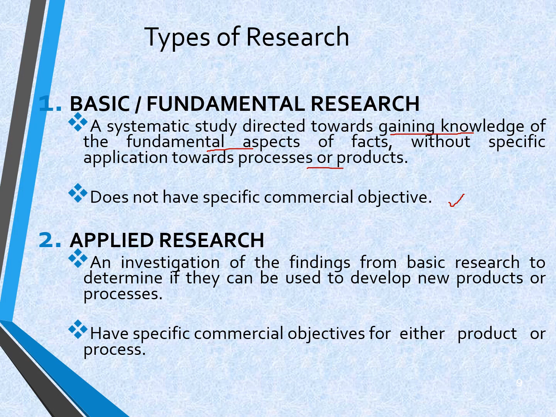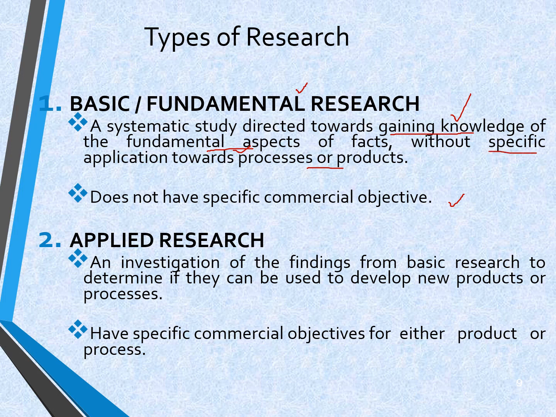So in a simple way, basic research is research conducted by the research and development team, or R&D team, with the purpose of gaining knowledge, to seek knowledge and information of the fundamental aspect. Don't worry about this.